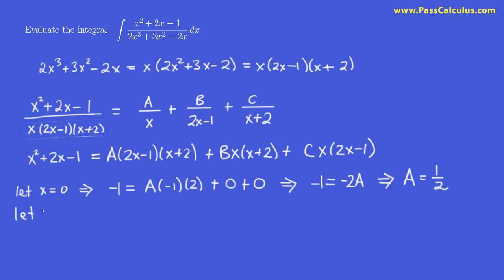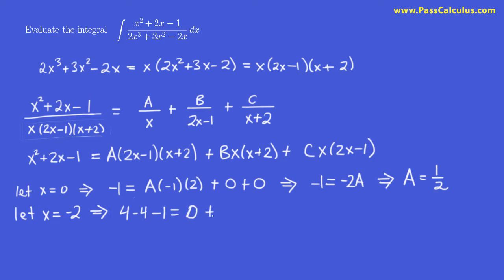What should our next number be? Let's take x to be, say, negative 2. That'll make this one 0, right? So we would get negative 2 squared is 4. 2 times negative 2 is negative 4. Minus 1. Well, when x is negative 2, this entire thing is 0.